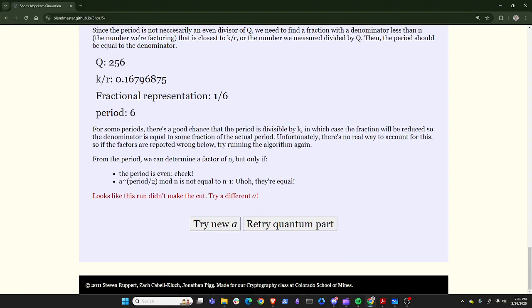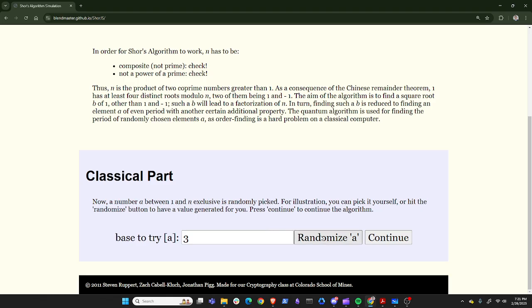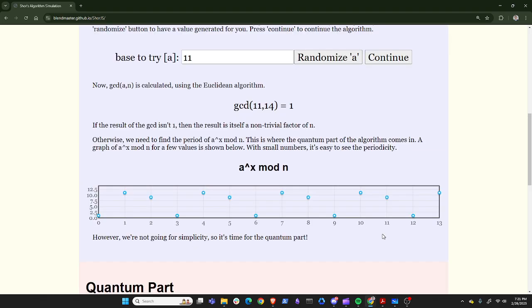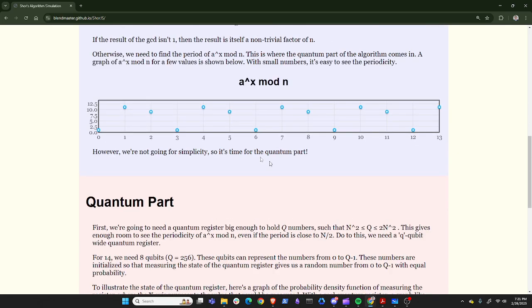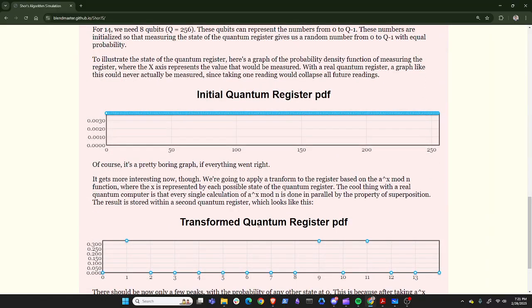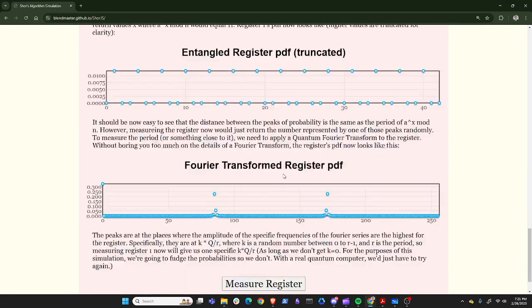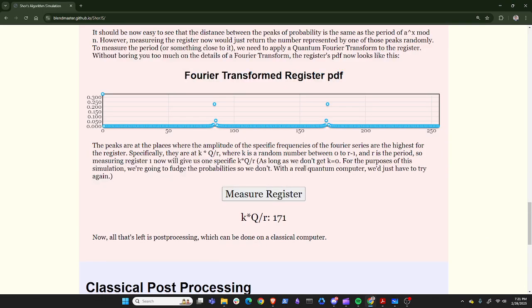So basically, it didn't wind up giving us a result here because we need to try a different a. So we can try a new a. We can randomize it and work through this again. We can measure the registers. We can measure the Fourier transformed.